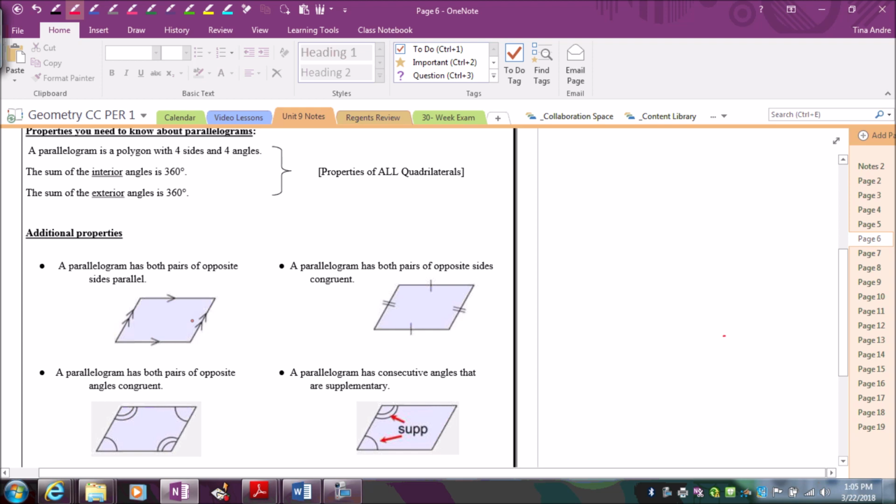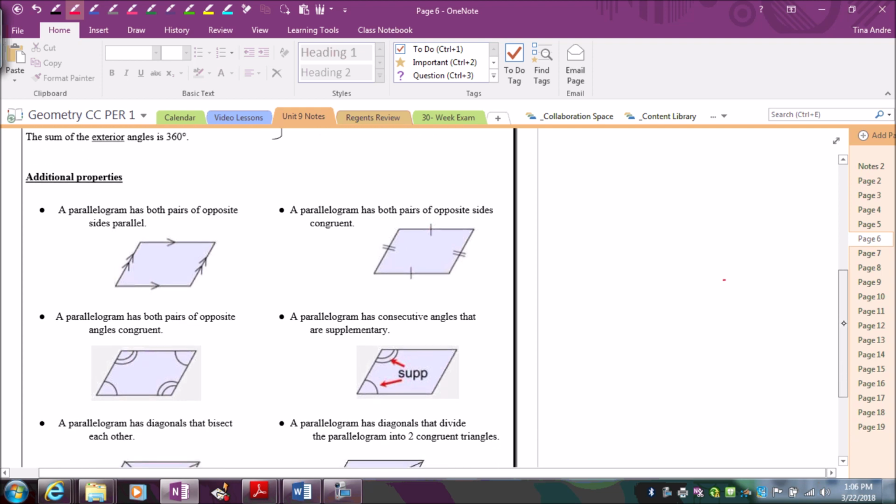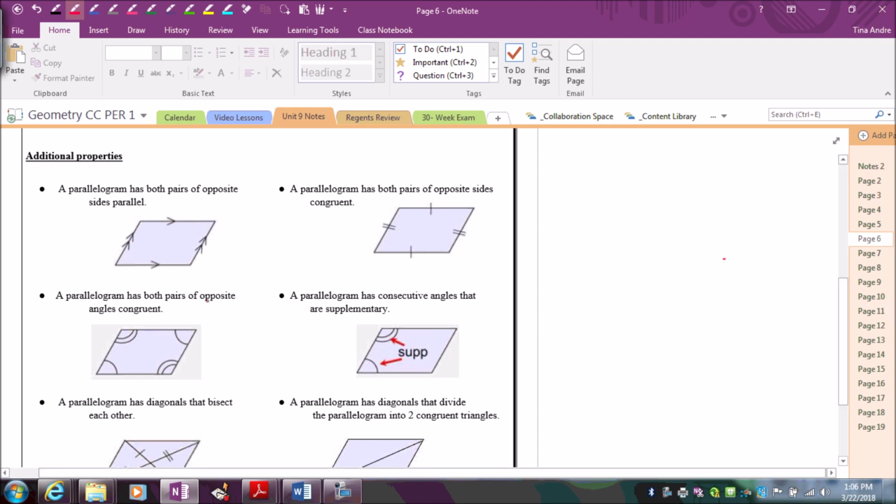So a parallelogram has both pairs of opposite sides parallel, which we just talked about. And remember, to mark parallel, you put the arrows. And then also both pairs of opposite sides are congruent. Again, both pairs have to be congruent. And then we also have opposite angles. So this angle and this angle, those are considered opposite angles.